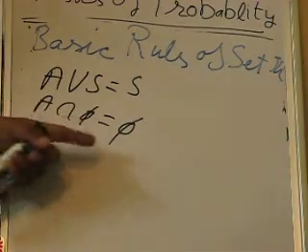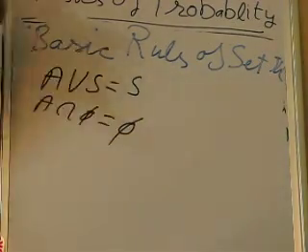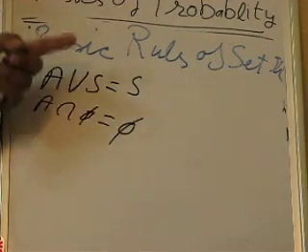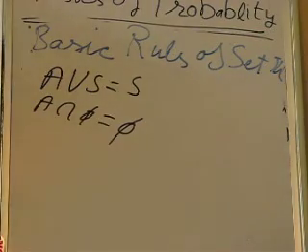So A intersection phi is phi. And A union S is equal to S, because S already contains all the elements of A. Union denotes the sum of all the elements of A and S, that is, we have S. This is called the domination law. There are two more, called the absorption law and De Morgan's law.